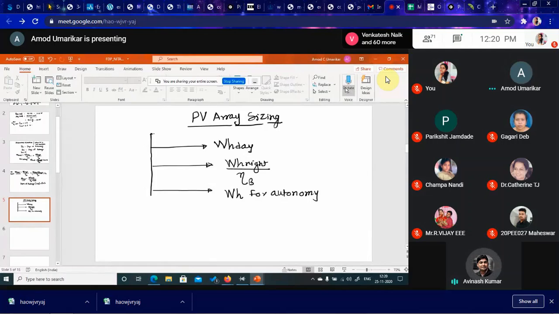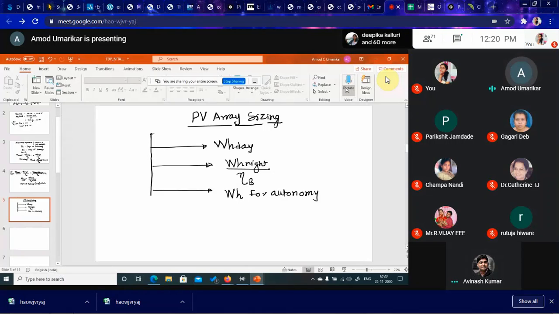Sir, if the days of autonomy are charged in a single day, then the size of the PV will be increased. So we have to divide the charging of the autonomy. Yes, we have to divide it over days. Correct. That's what we'll consider now.